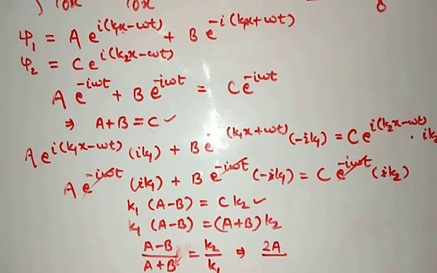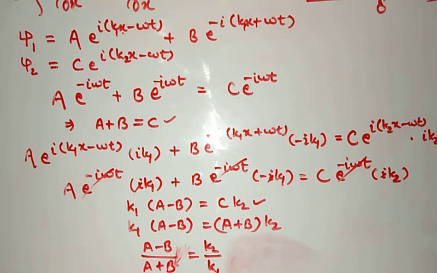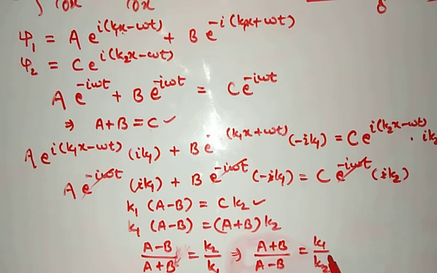Once more, treat as (A plus B) upon (A minus B) is equal to k1 by k2. Now apply the componendo and dividendo rule.